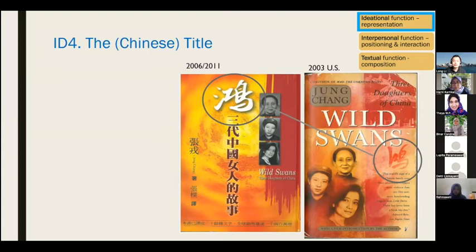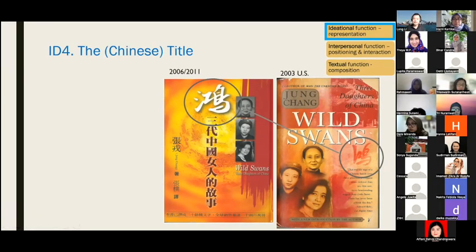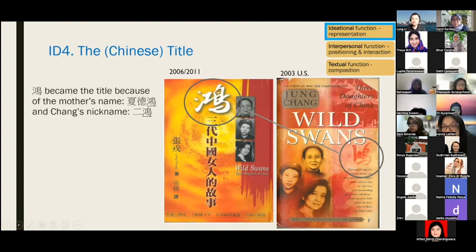So you can see that the Chinese title is this character Hong, and the character also appears on the English front cover, although it's more like a picture that readers cannot understand. But you may agree with me if I say that it looks like a bird with a long neck. Yeah, so that's like a pictorial character resembling a long-necked bird.